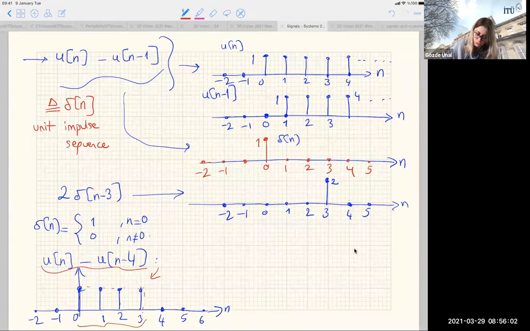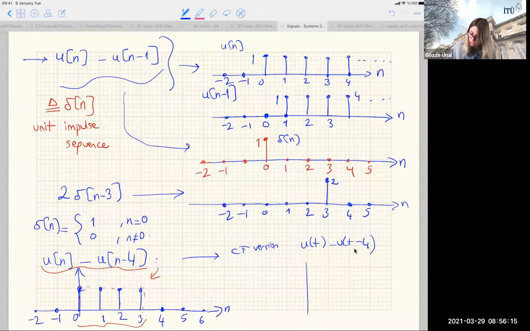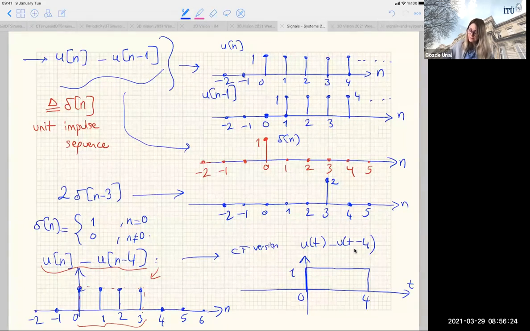We have its continuous time version. For instance, u of t minus u of t minus 4 is really a square pulse wave. So let's just draw it here: t from 0 to 4, value 1. You see, a square pulse.